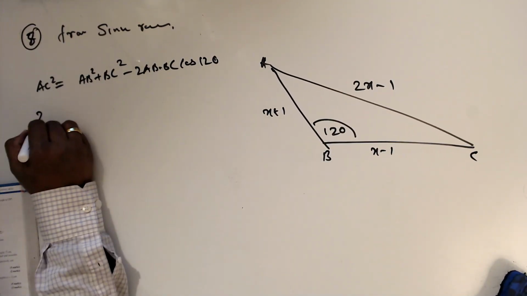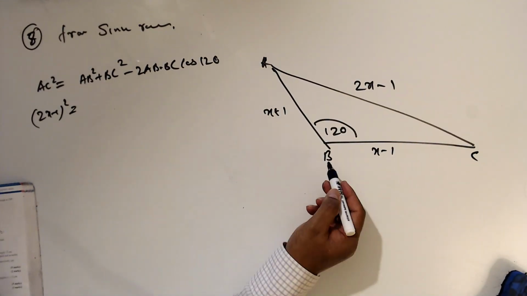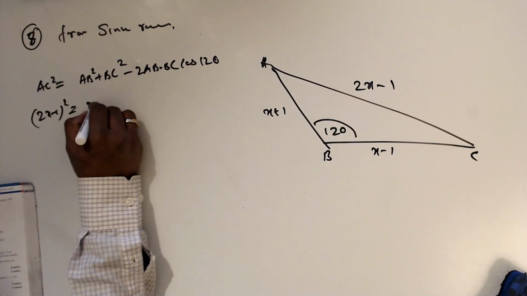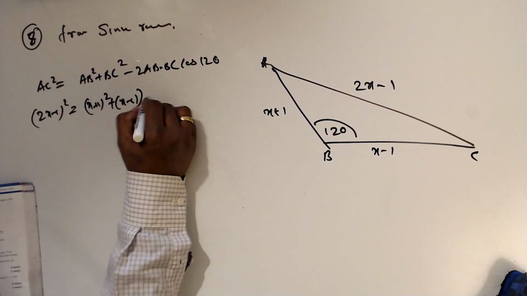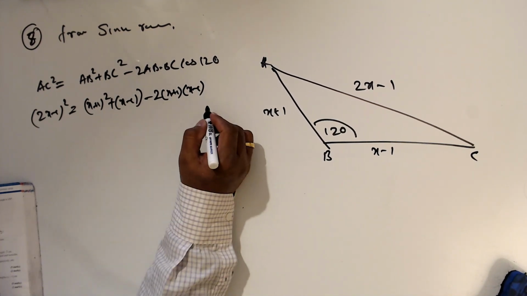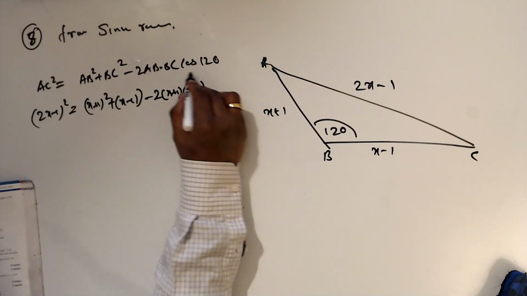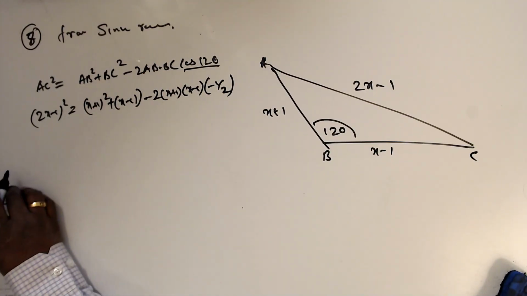AC means 2x minus 1 squared equals AB, x plus 1 squared, plus x minus 1 squared, minus 2 times x plus 1 times x minus 1 times cos 120. Cos 120 is minus half, so this will become positive then.